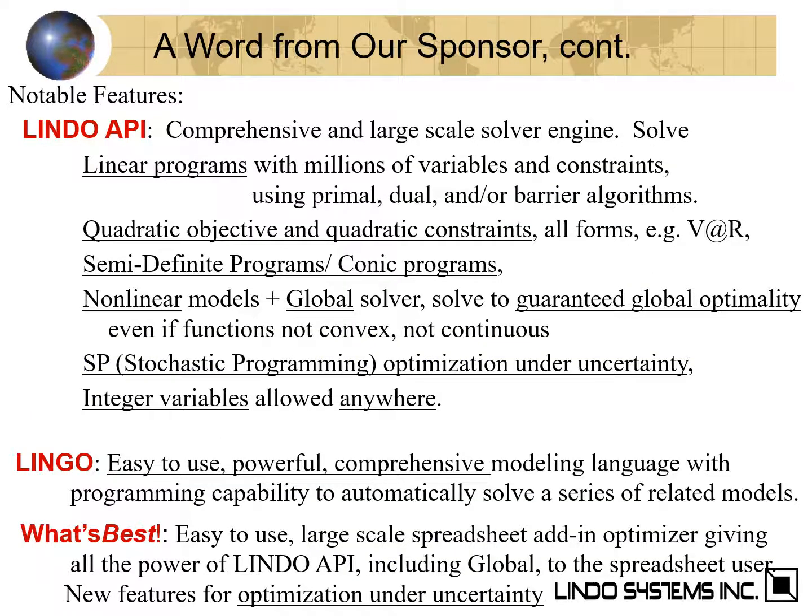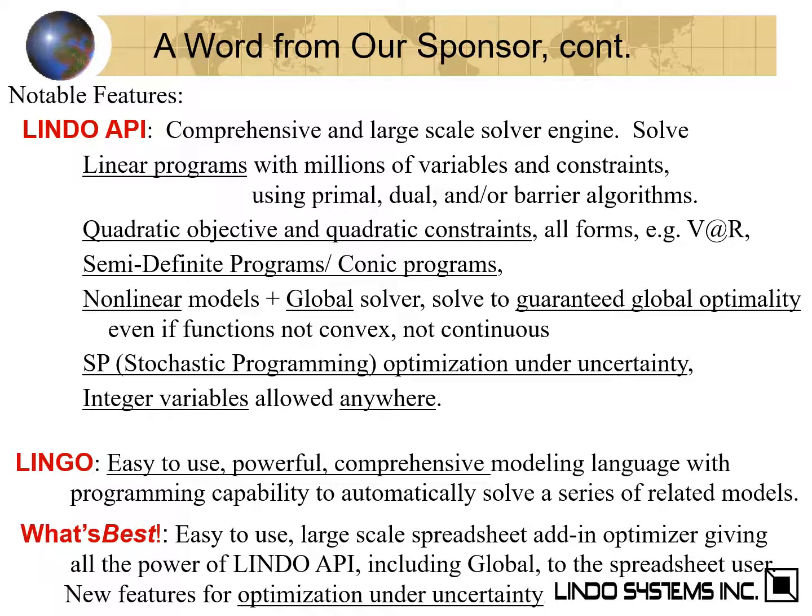In terms of more specific capabilities, I think we have perhaps the most comprehensive, easy-to-use optimization solver engine that solves problems along the entire spectrum. So large linear programs are the basic feature, but you can have quadratic constraints or objectives, and they can be handled.